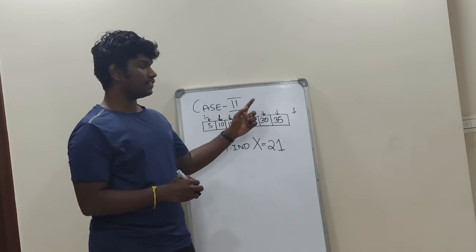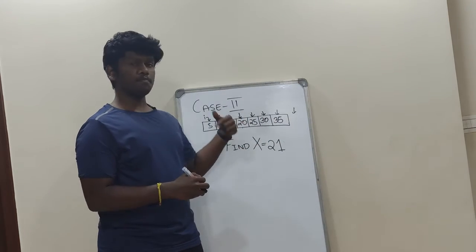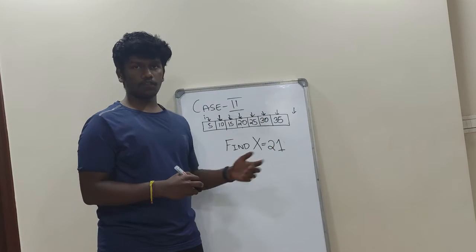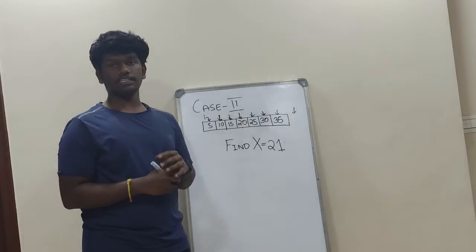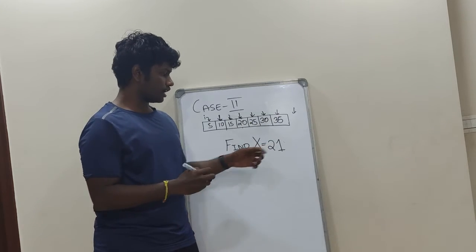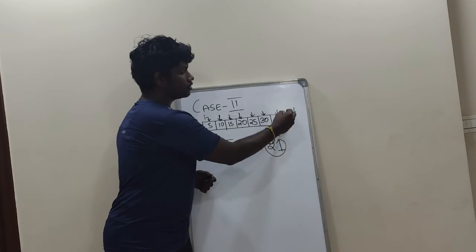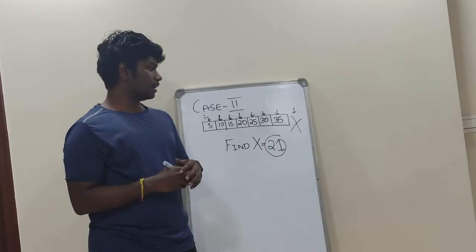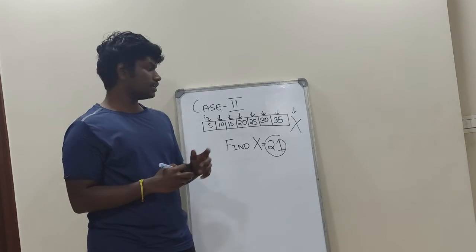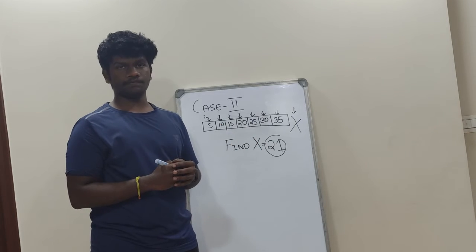So, if the incrementer goes up to the n plus 1 position of the array, then we have to return minus 1. Minus 1 indicates that the element which you are trying to find, here 21, does not exist in the list. So on returning minus 1, the user gets to know that the element is not present.